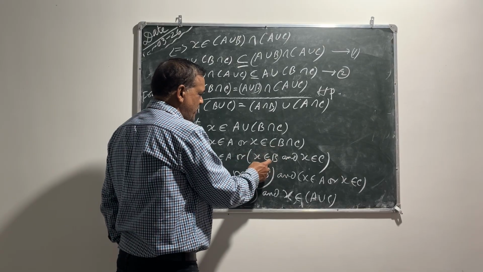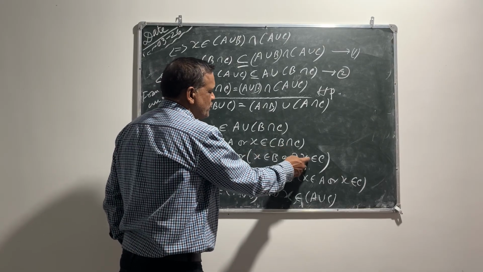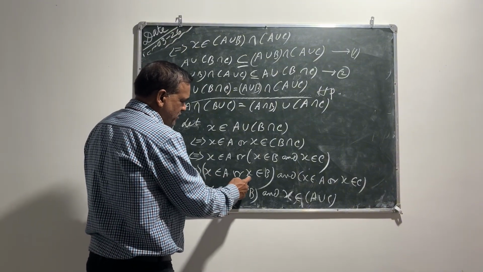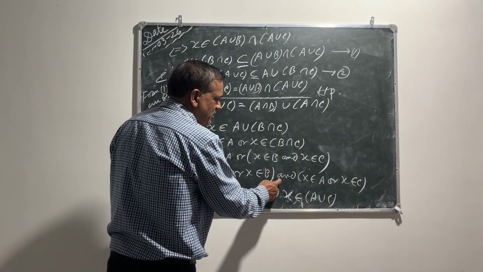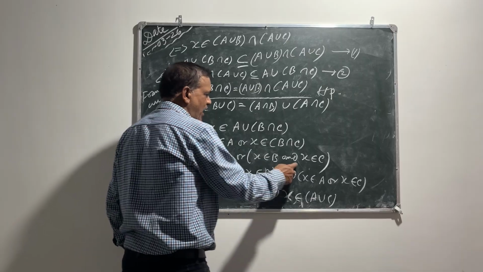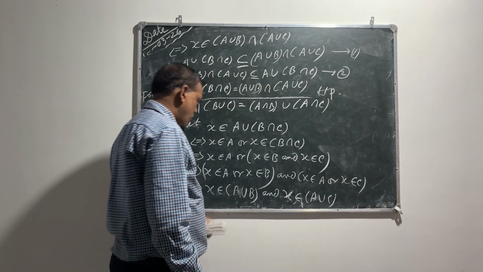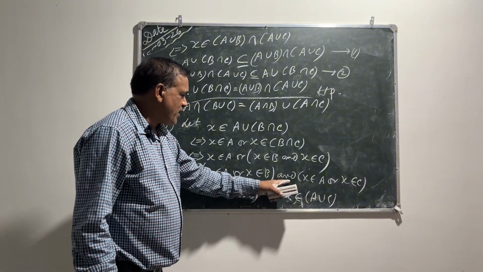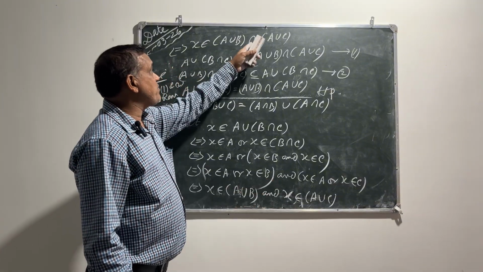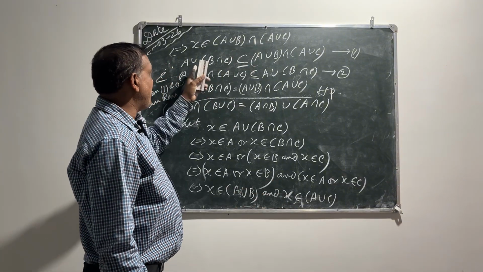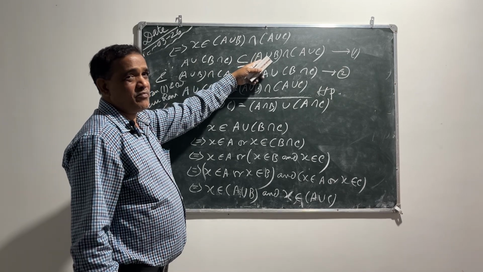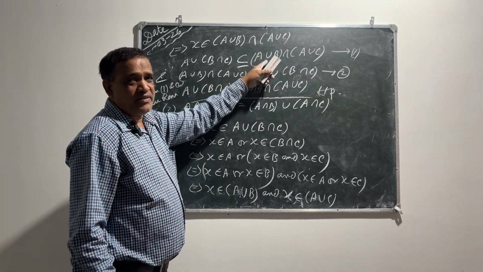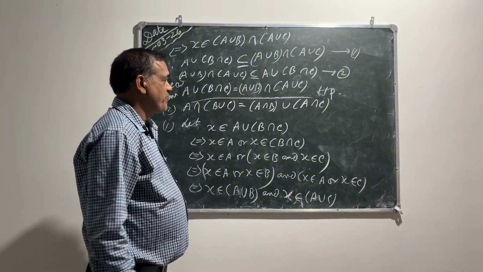So X belongs to B and X belongs to C. Now we can write X belongs to A or X belongs to B, and this and will come in the middle, then again X belongs to A or X belongs to C. Or can be replaced by union, and and can be replaced by intersection. So finally this will be a subset of this one and this will be a subset of this. If we combine these two, then we can write this one.